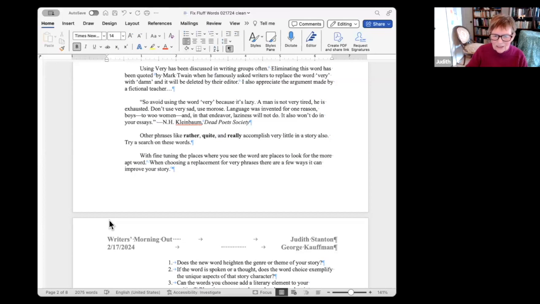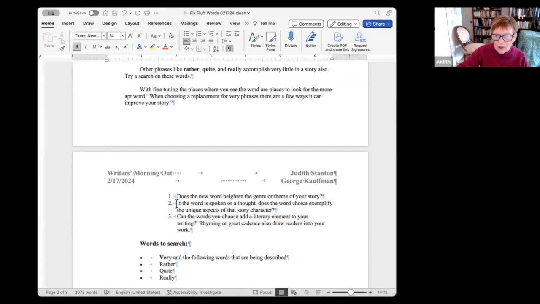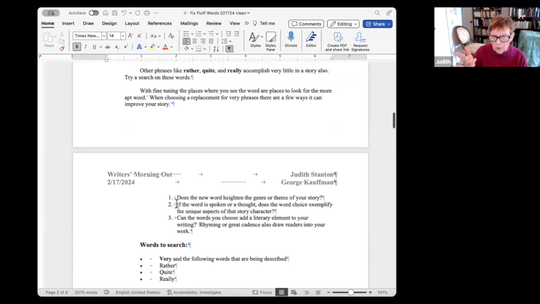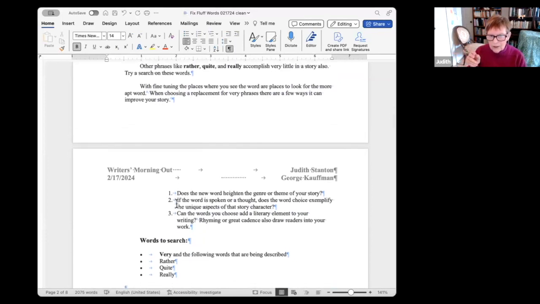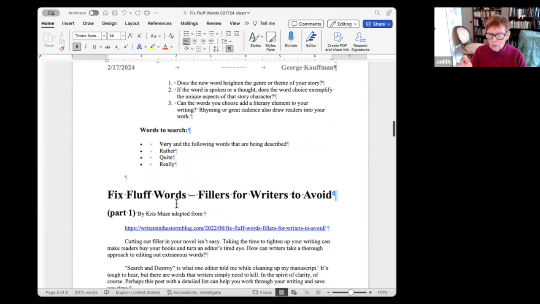And then she lists more and asks these questions, which we learn to ask ourselves. If you find a replacement for the very phrases, it can improve your story. Does the new word heighten the genre or theme of your story?